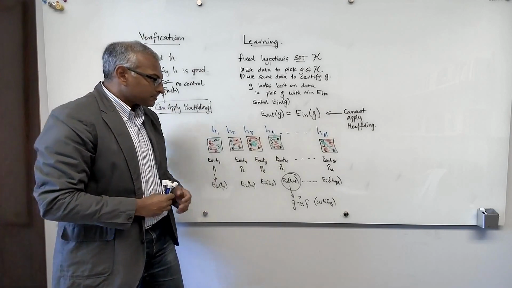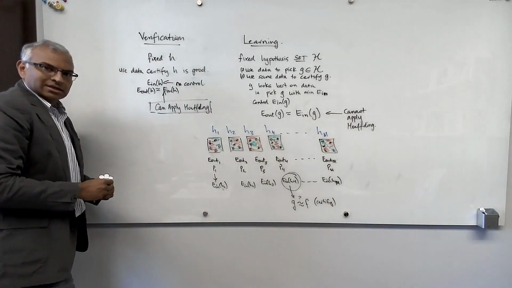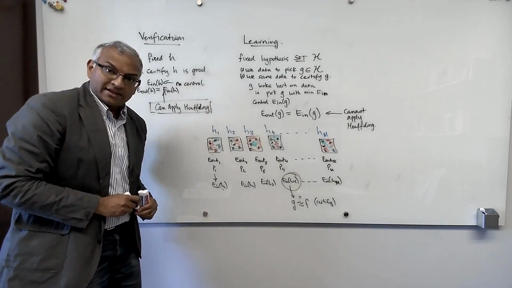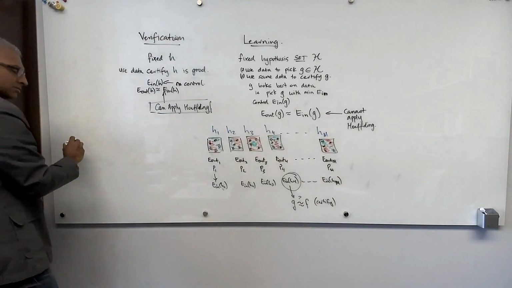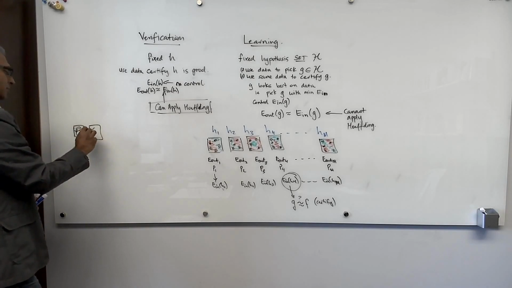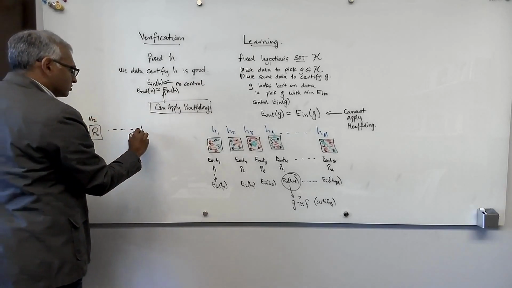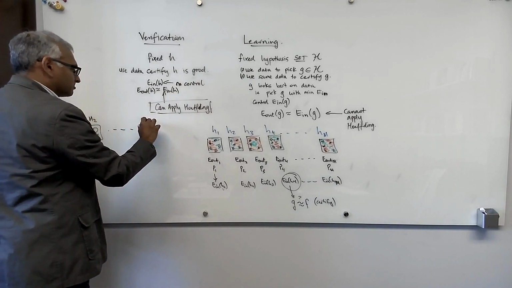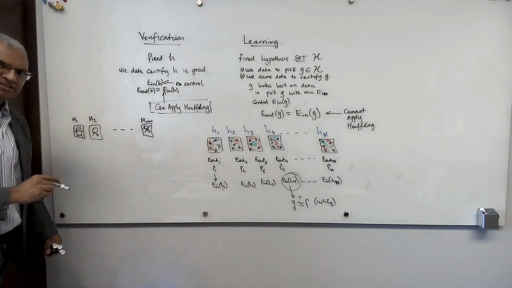Now, let me give you an example to show you, in a drastic way, why that is the case. Imagine, instead of hypotheses, we had 1,000 monkeys. Monkey 1, that's my drawing of a monkey, monkey 2, and so on, up to monkey 1,000. Funny looking monkeys.